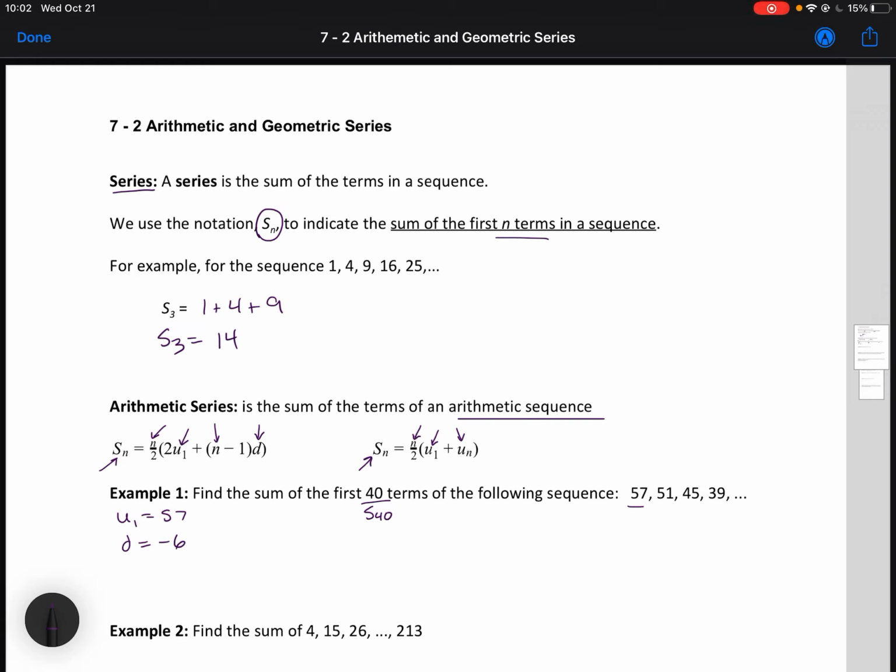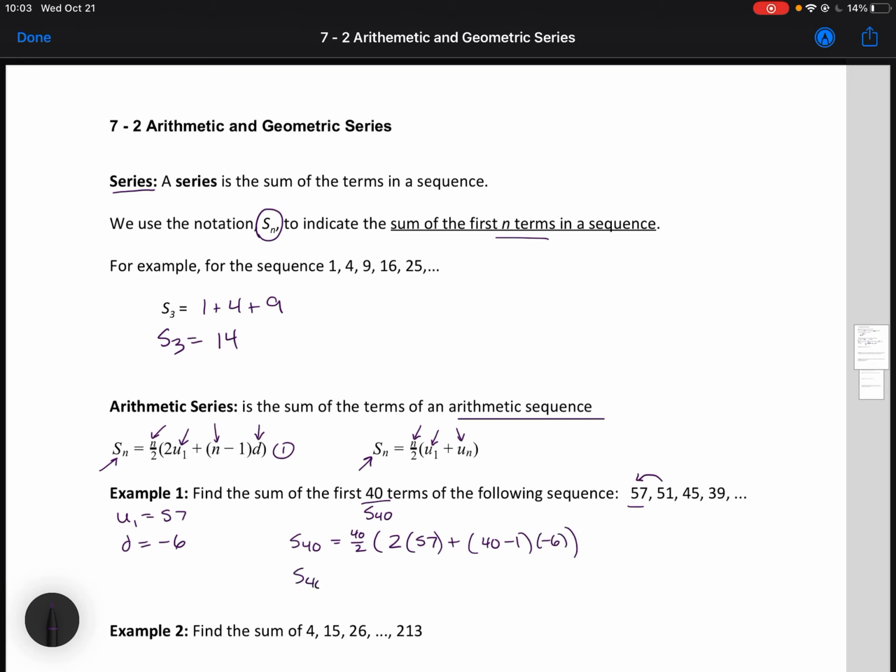Remember, the constant difference is your second term, take away your first term, or any term thereafter. So in order to use one of my formulas, I can use the first one up here. S40 is going to be 40 divided by 2 times 2 times my first term plus n minus 1, so 40 minus 1, and then times d, my constant difference.